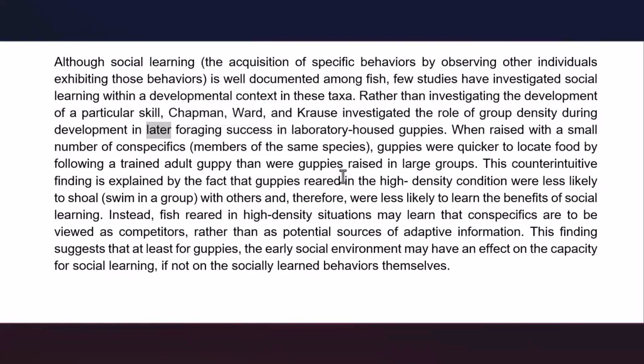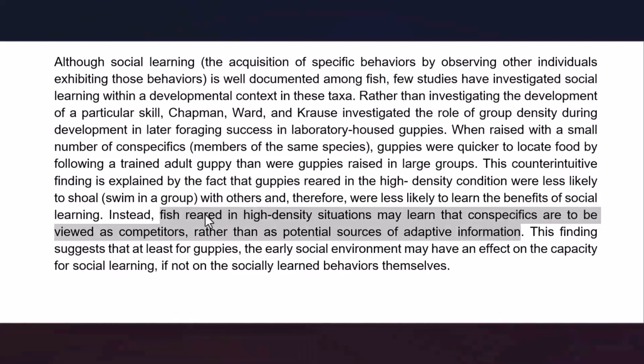Okay, they raised guppies in two different conditions, in a high density society and in a low density society, and then they observed them later in their lifespans to check how successful they are in their foraging. And in other sentences also we can read about this.